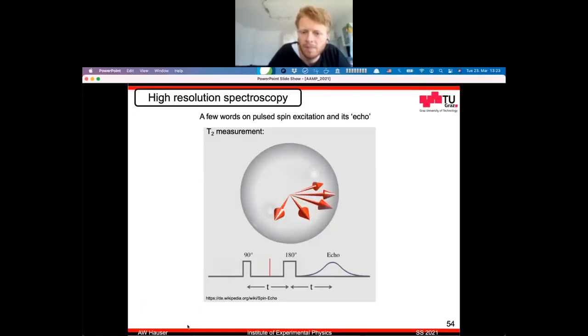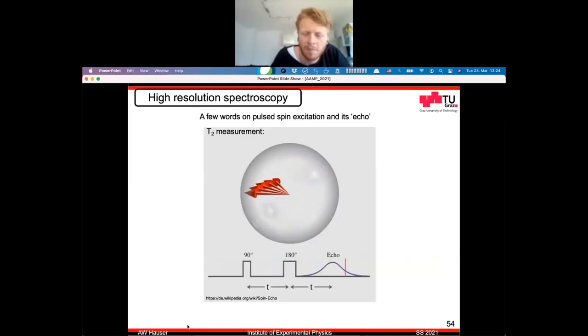And with this process of doing the 90 degrees flip, and then after some time that you choose flipping back 180, you create these echoes, and the difference of the height of the echo to the original pulse is exactly measuring this loss that you have, and from this you can derive your relaxation time in principle, right? So this is the T2 measurement.